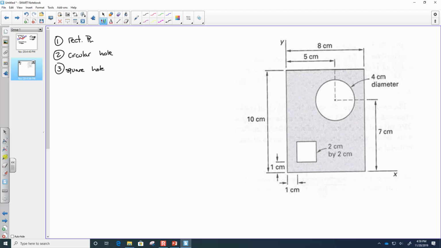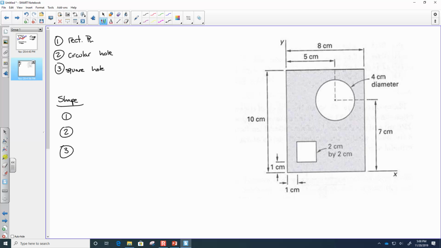We have to do a centroid calculation here. All right. So we got 3 shapes: shape 1, shape 2, shape 3.